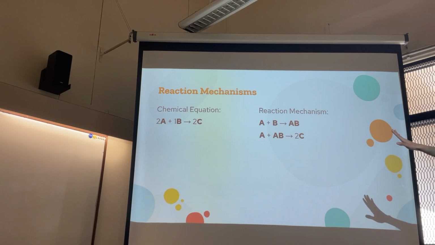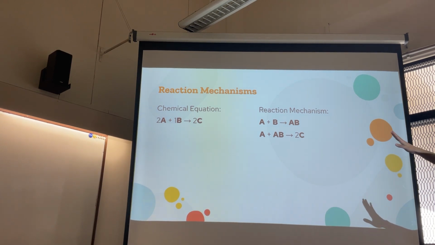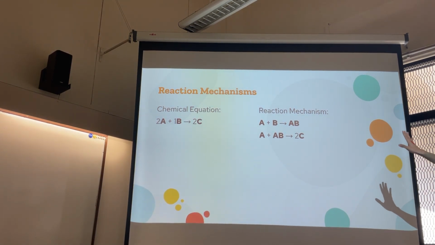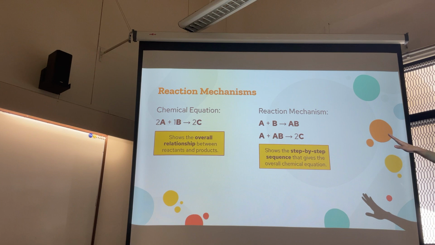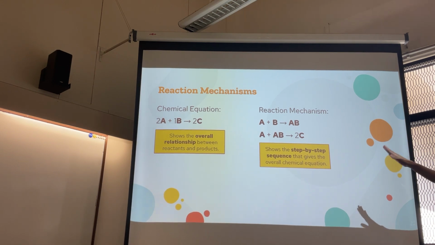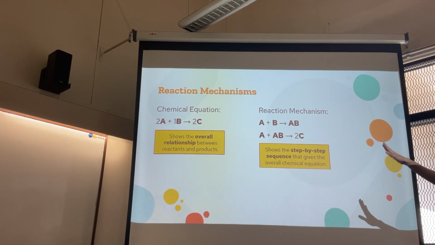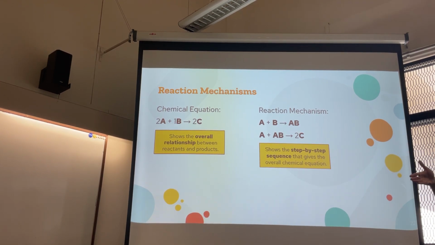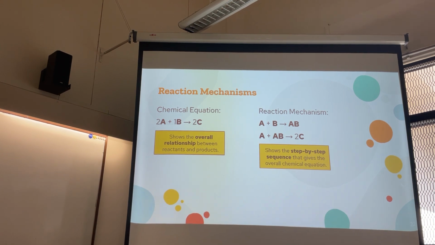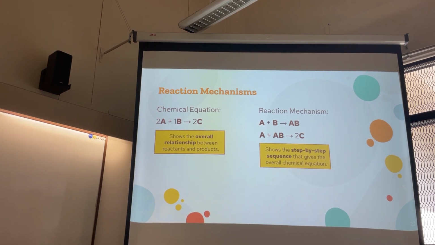Okay, so on the left hand side, what you see is a chemical equation. On the right hand side, what you see is a reaction mechanism. What is the difference? The difference is that your chemical equation tells you the overall relationship between the reactants and the products. But for a mechanism, it tells you step by step how does the reaction take place. Alright? So that is the first important learning point.